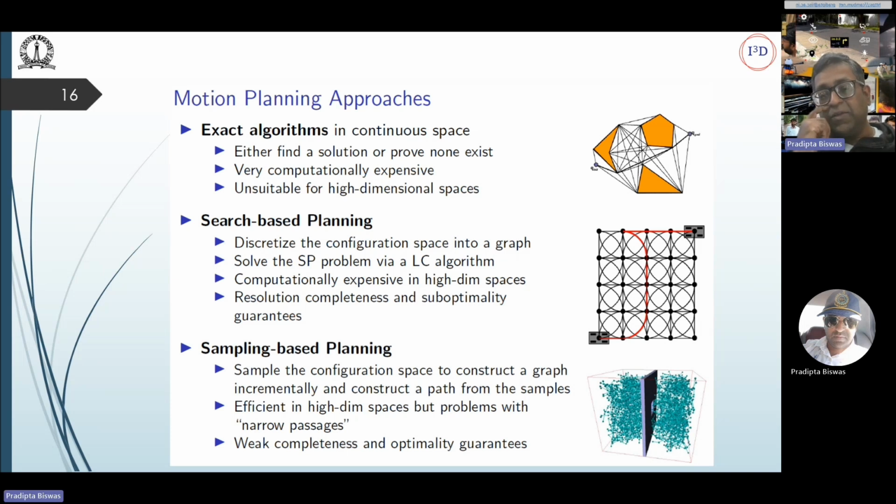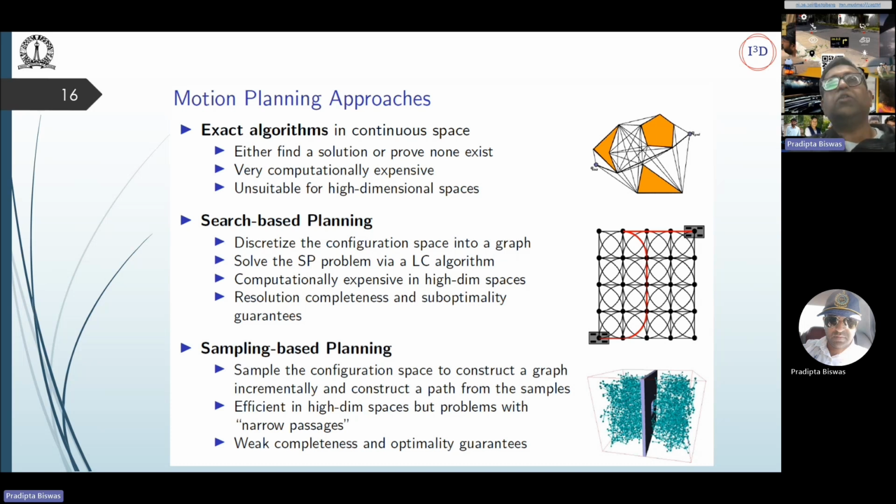Second is search-based planning, where the abbreviation SP stands for shortest path and LC stands for label correcting algorithm. The label correcting algorithm is a generic term where we consider all these search algorithms like A-star, Dijkstra, etc. Search-based planning we will look at in subsequent slides, where we convert this configuration space by discretizing it into a discrete motion planning problem.